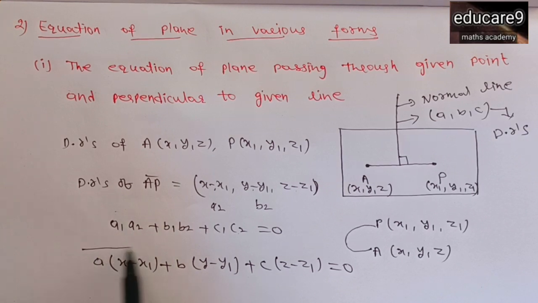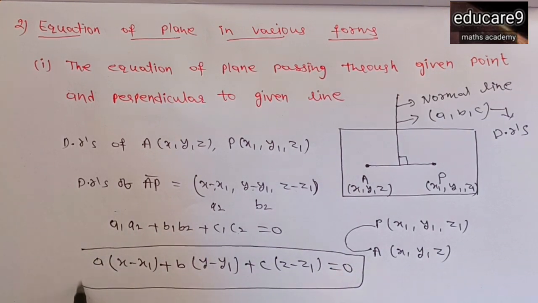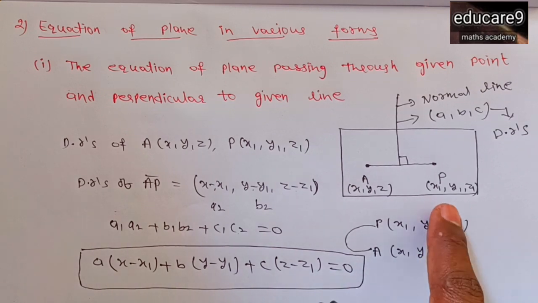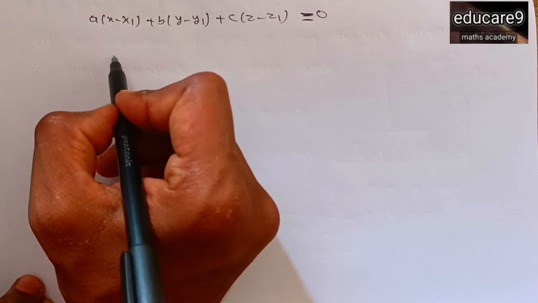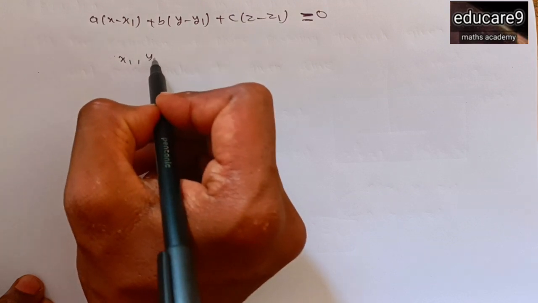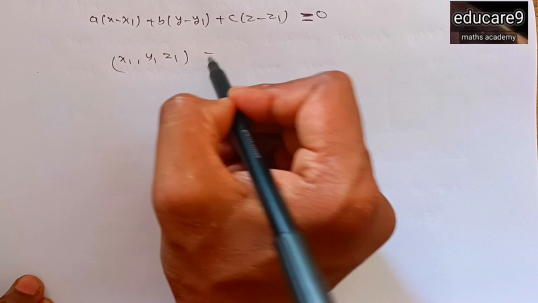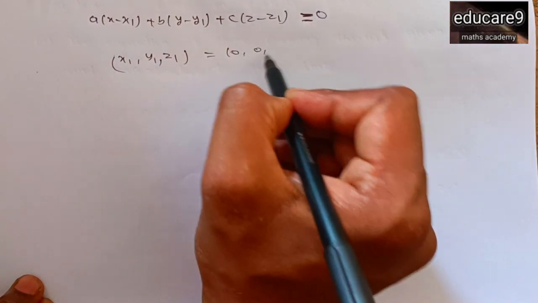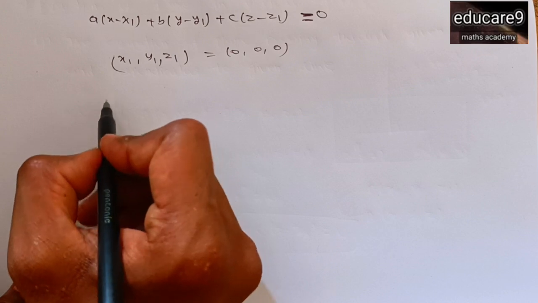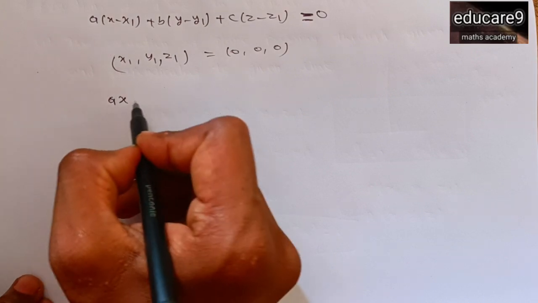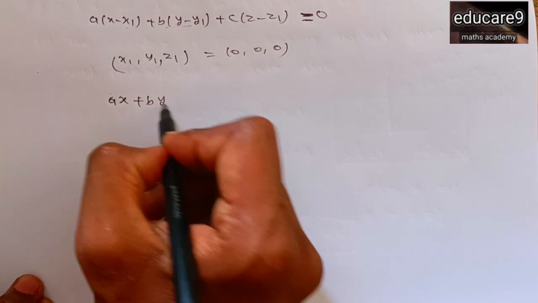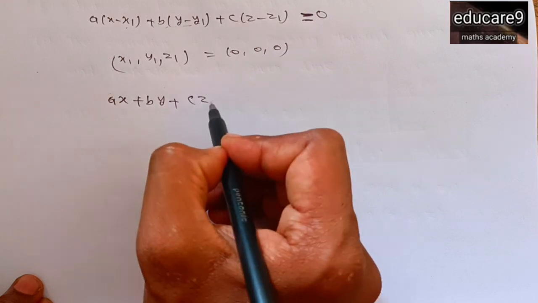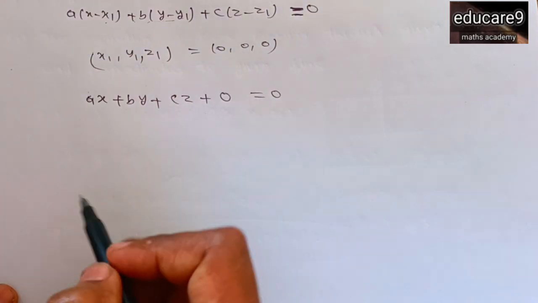So clearly this equation represents a plane, passing through the given point and perpendicular to the line. Here the point x1, y1, z1, we can consider as 0, 0, 0. Then it becomes a into (x minus 0), that is ax, plus b into (y minus 0), that is by, plus c into (z minus 0), that is cz, plus 0 equals 0.